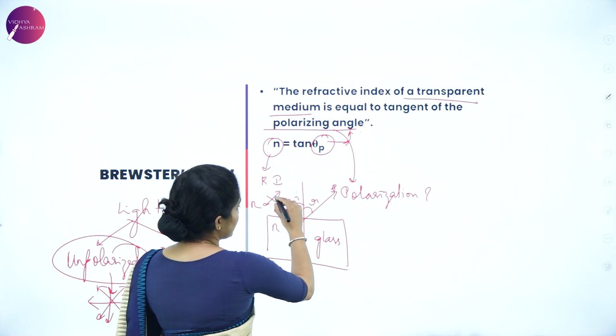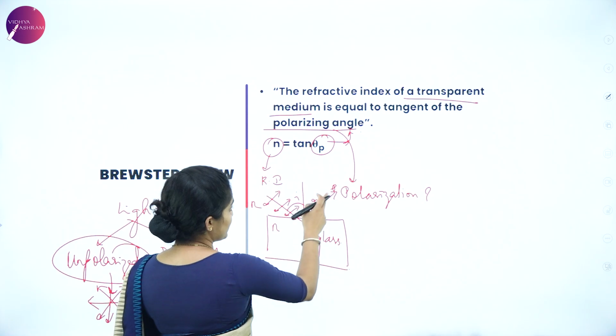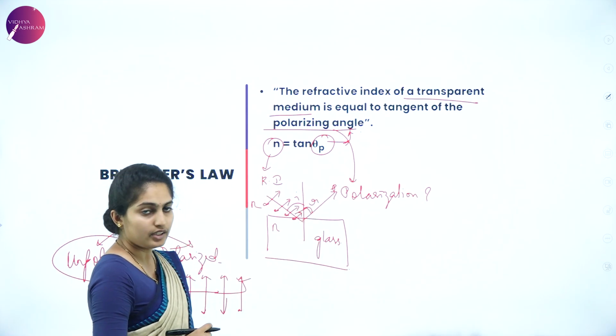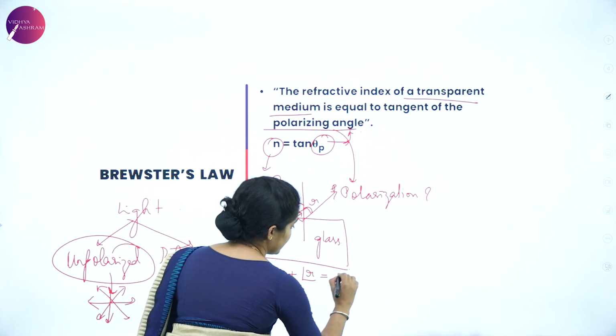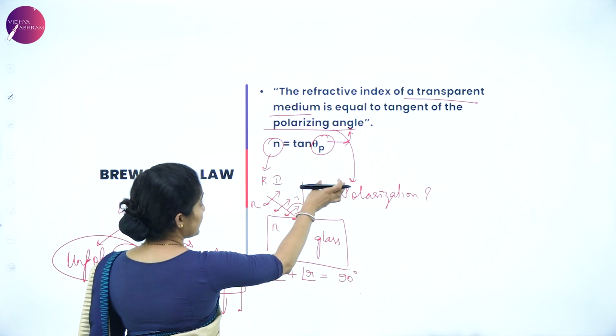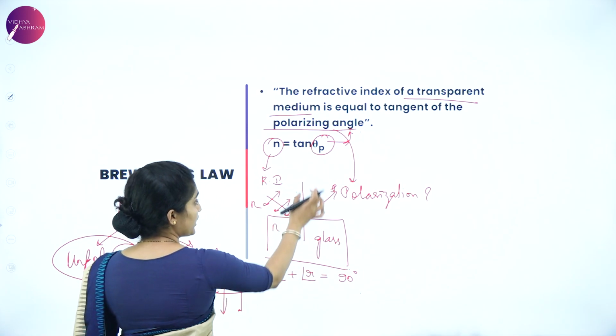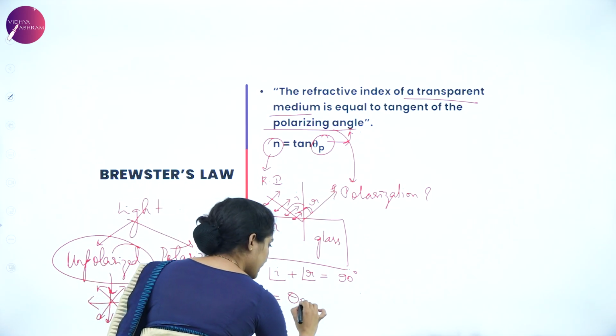The reflected ray makes 90 degrees with the refracted ray, so the incident angle plus the refracted angle is 90 degrees, and the incident angle should be the polarizing angle to get polarization. So the angle of incidence is theta p.